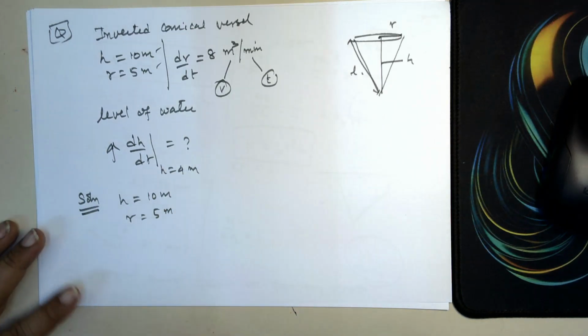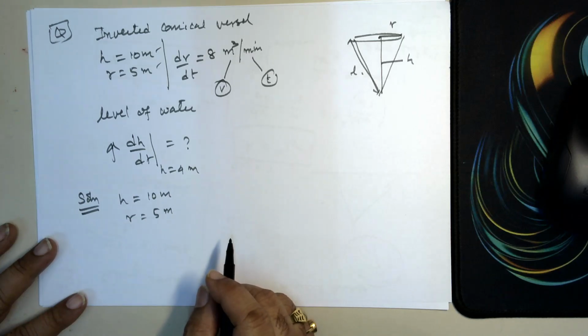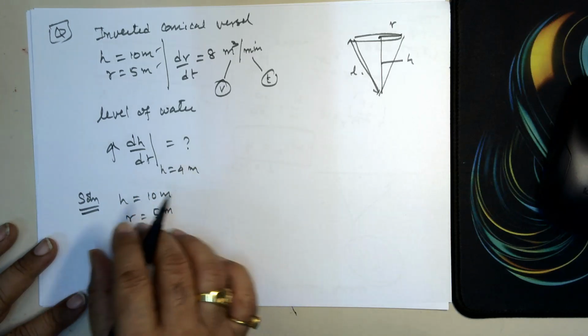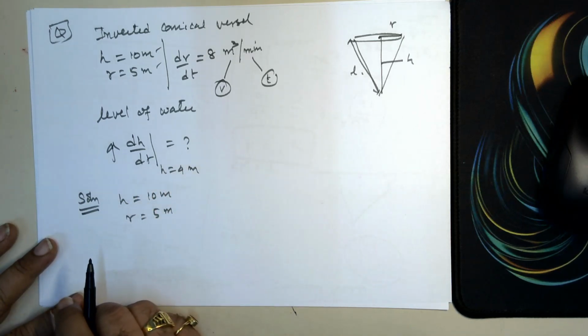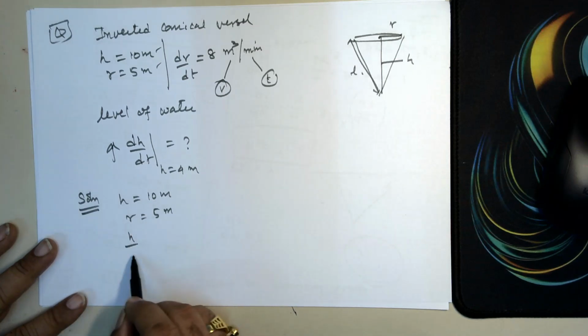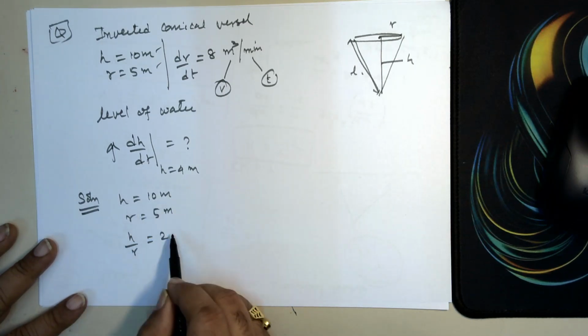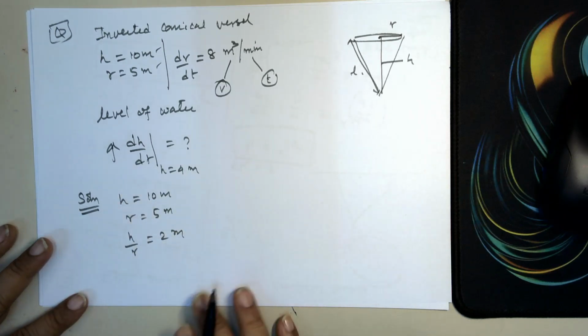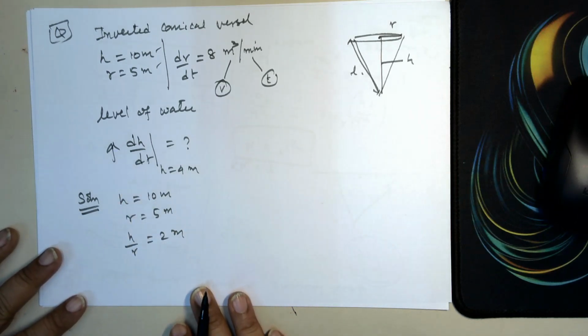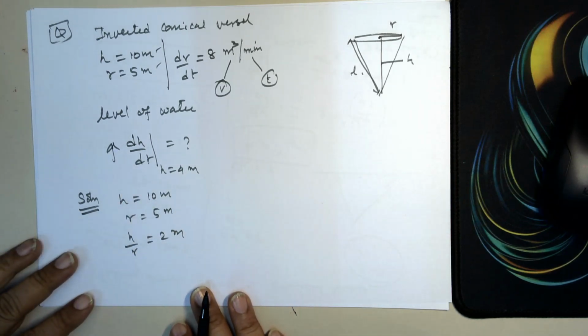Based on that, you can have some ratio also. For example, what could be the ratio of h to r? 10 by 5, which is 2. So h by r value is 2, because we are going to replace this.